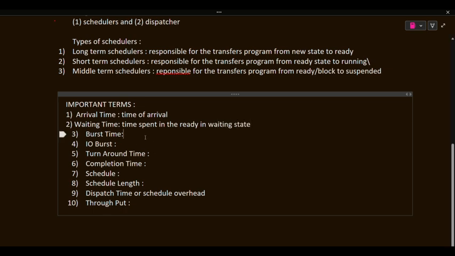The next one is the burst time. Burst time is defined as the amount of time spent by the CPU in order to completely execute the program.